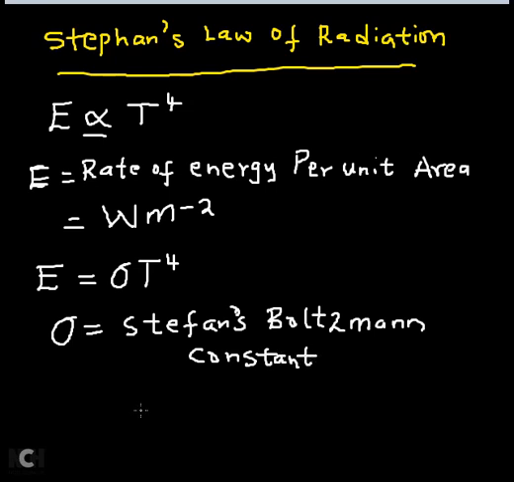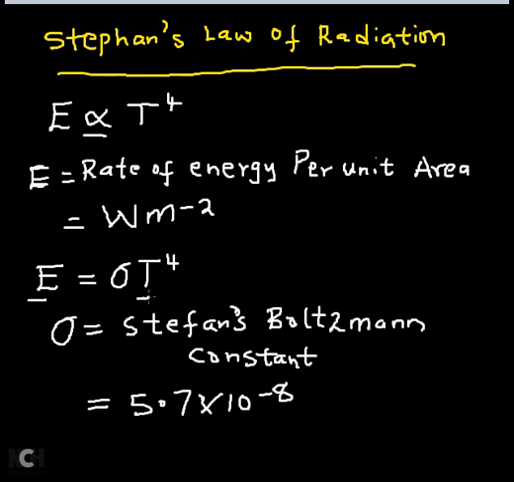Every constant should have a constant value. So that constant is given as 5.7 times 10 raised to the power of minus 8. And of course, you should know what the SI unit will be. The SI unit of E is watts per meter square.